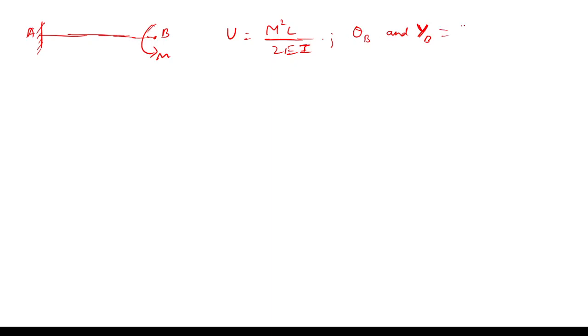So we will find out theta B and YB. For finding theta B, I should partially differentiate this with respect to M. What will be the answer if I partially differentiate this? 2ML divided by 2EI, which is nothing but ML divided by EI.